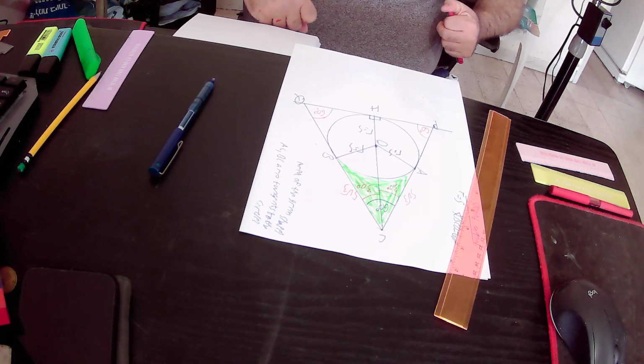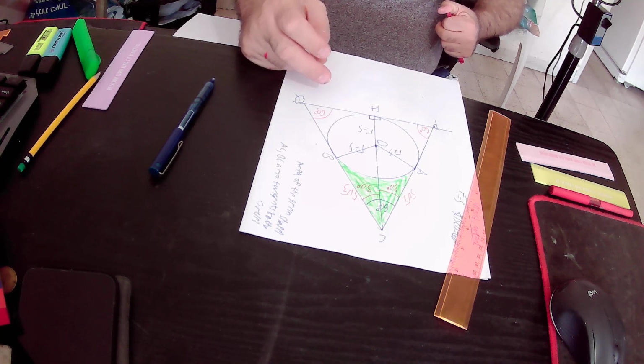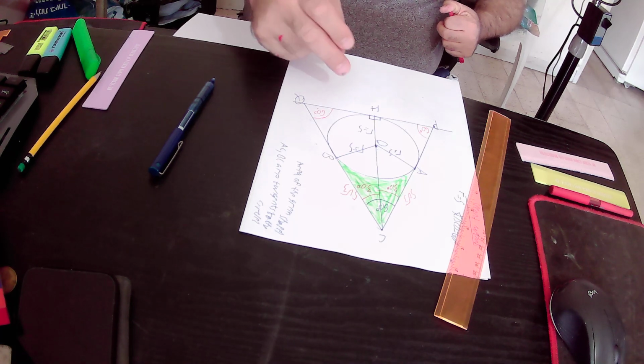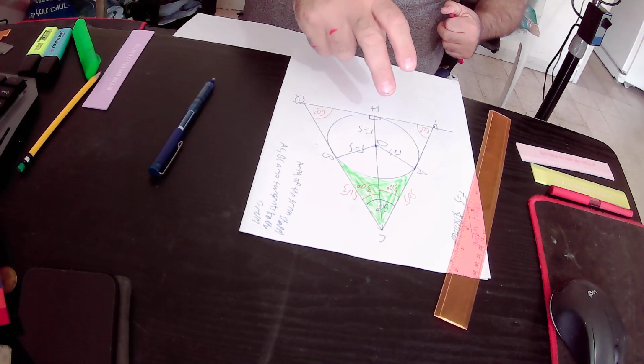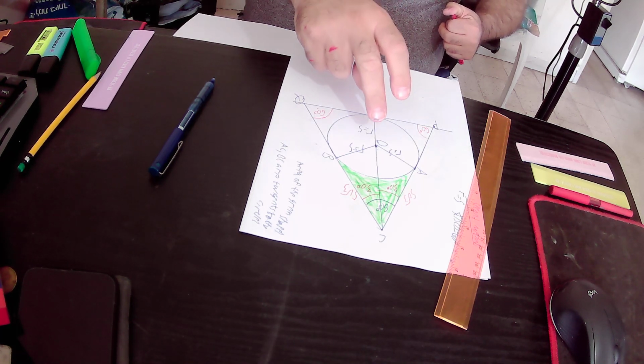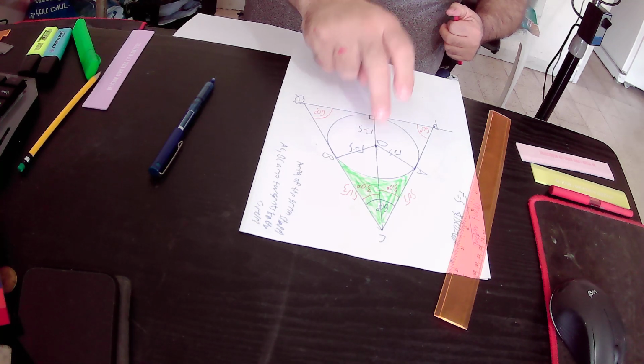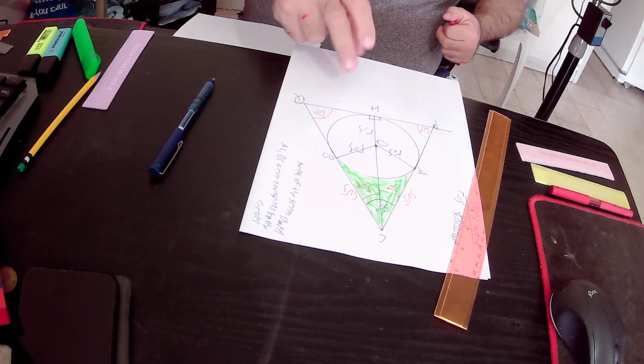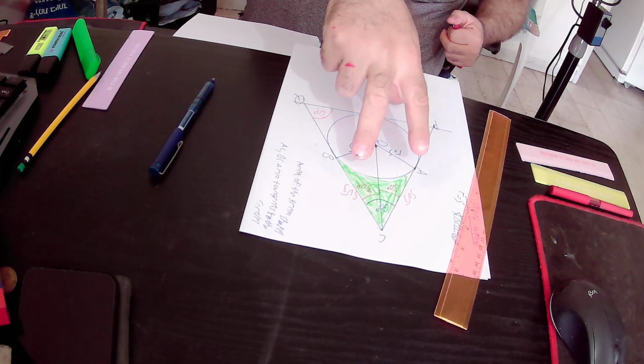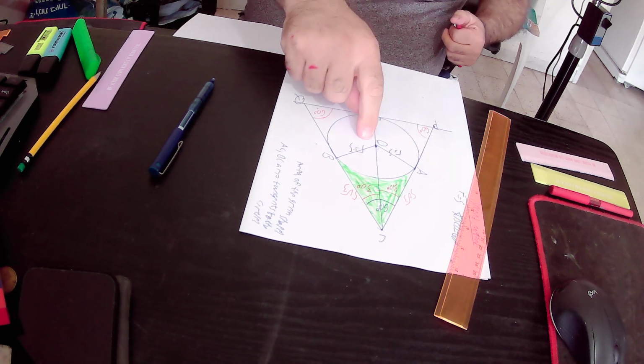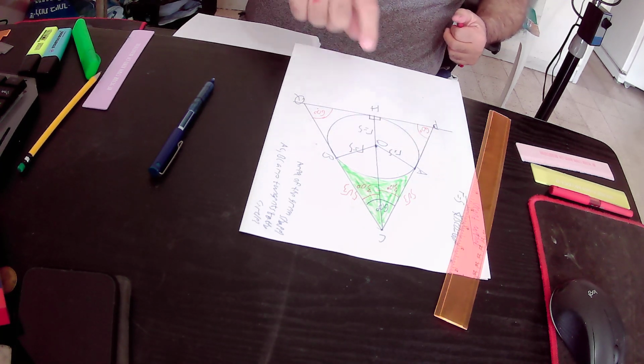Therefore, according to the rule, the center of this circle, which is at point O, is also the center of triangle CPQ. So the center of triangle CPQ is at point O.